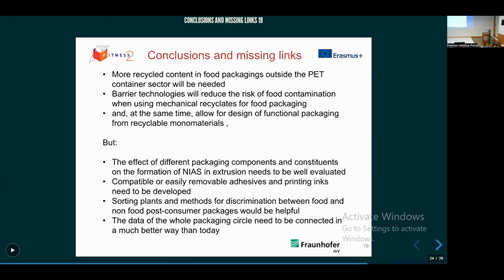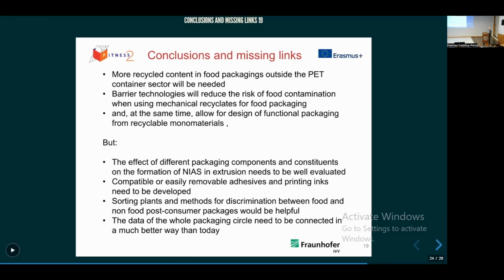The barrier technologies can be applied to achieve them, and at the same time, they can help us to reach the functionalities with monomaterials that we need to get.